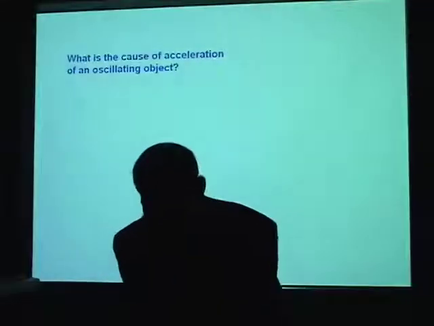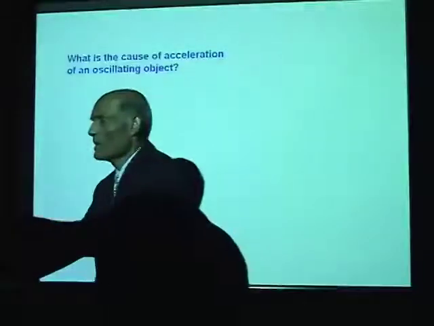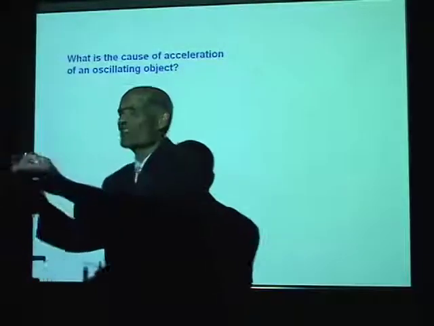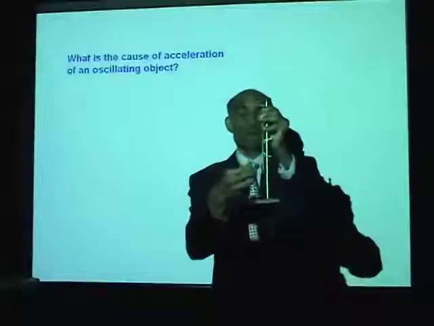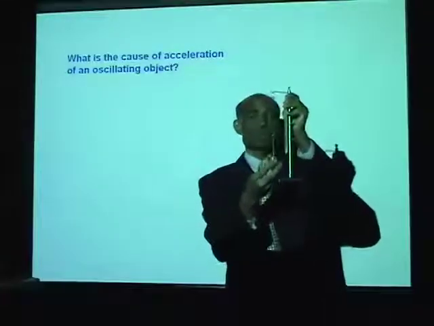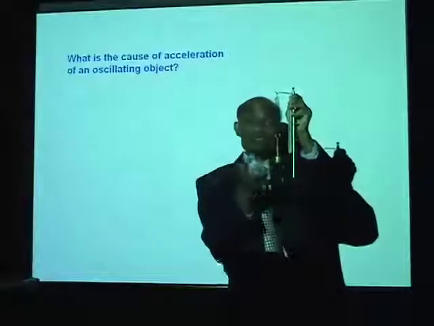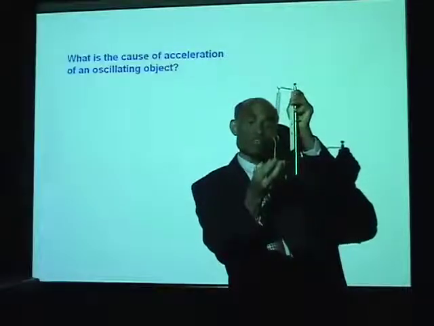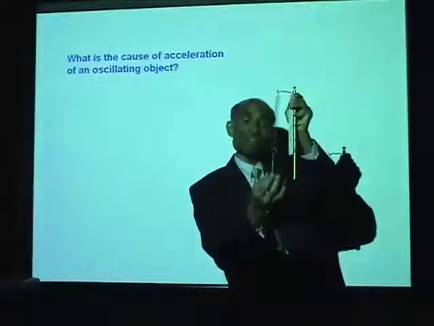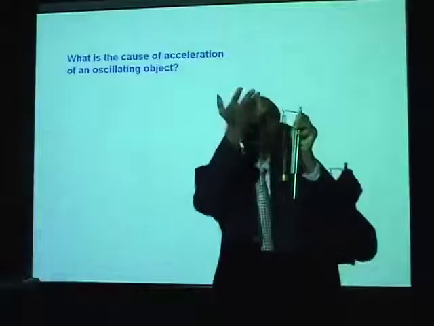I discussed that. Can you tell me, what is the cause of acceleration? Well, if the object is not pulled, it will not accelerate. So the cause of the acceleration is, when I pull it, the spring pulls you back.